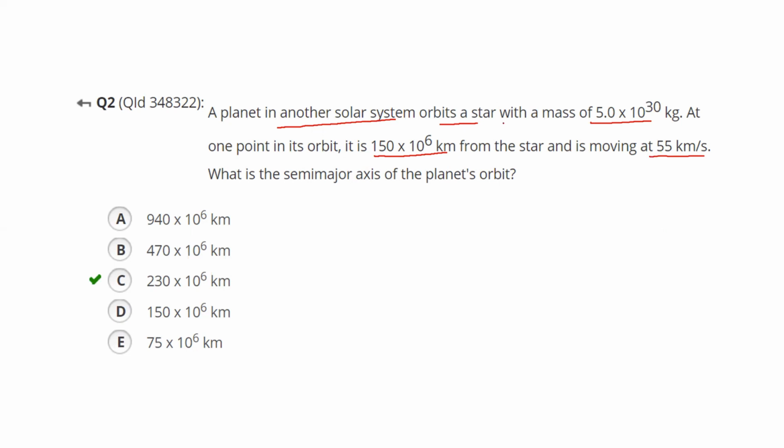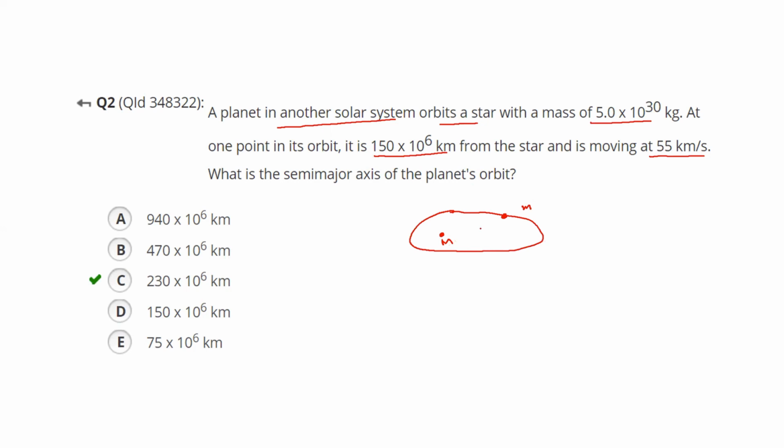So here I know that I have an elliptical orbit. Say my planet has an elliptical orbit, and this is a star. Of course, the star has a mass capital M, and the planet here has a mass small m. I give you the mass of capital M, but I did not give you the mass of small m.